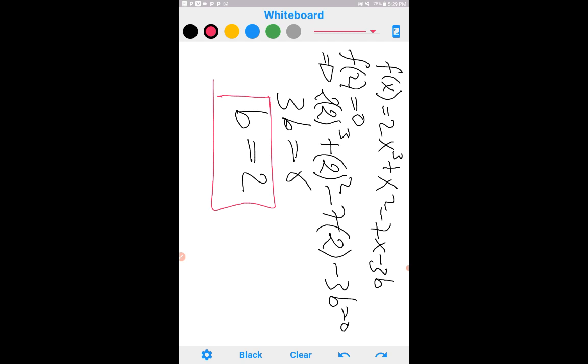Now the next question says, hence factorize f of x completely. So now in factorizing f of x completely, we know that x minus 2 is a factor of f of x. So we need to now go ahead and factorize it completely.